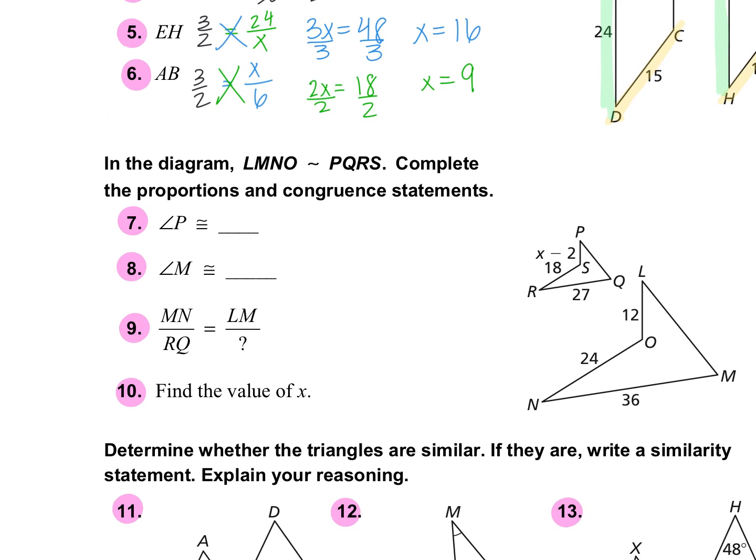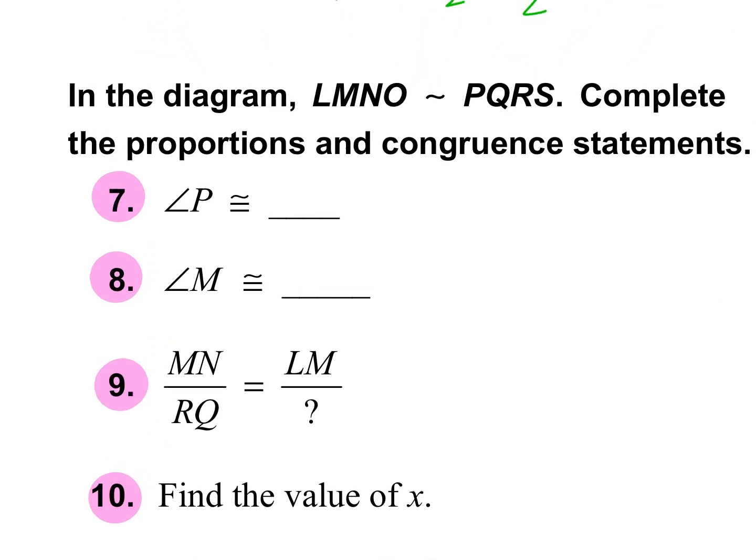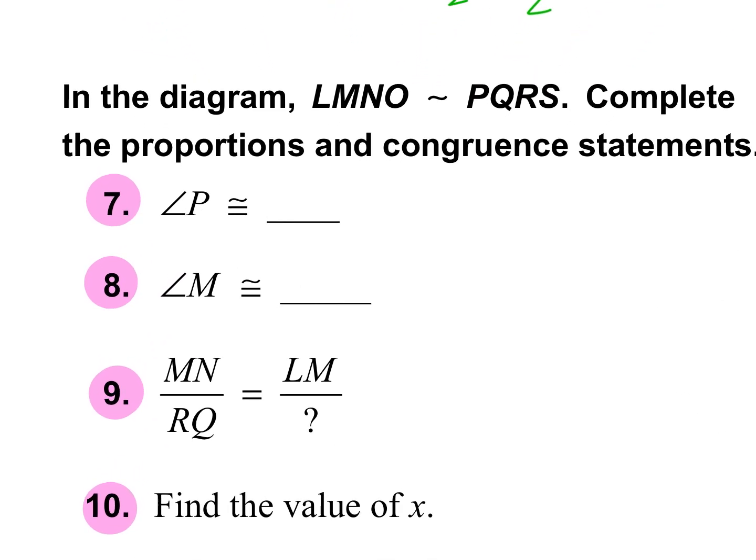All right, looking at number 7, for this question, I highly recommend do not look at the diagram if they are giving you a similarity statement. So angle P, some of you guys got points off for this on your quiz because you didn't write your symbols correctly. If I'm talking about an angle, you have to have that angle sign.